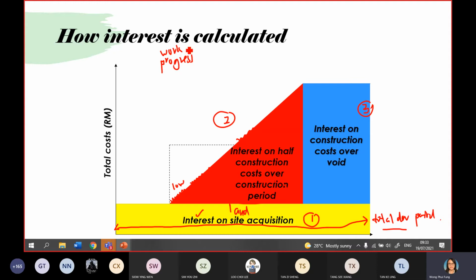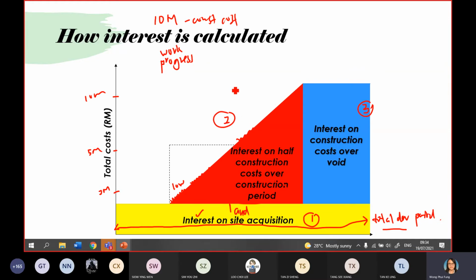Say, for example, your construction cost is 10 million. They will not charge 10 million upfront. They will charge based on the progress. So say, at the beginning maybe 2 million, 5 million, then up to here is 10 million. So you can see here is a triangle, isn't it?